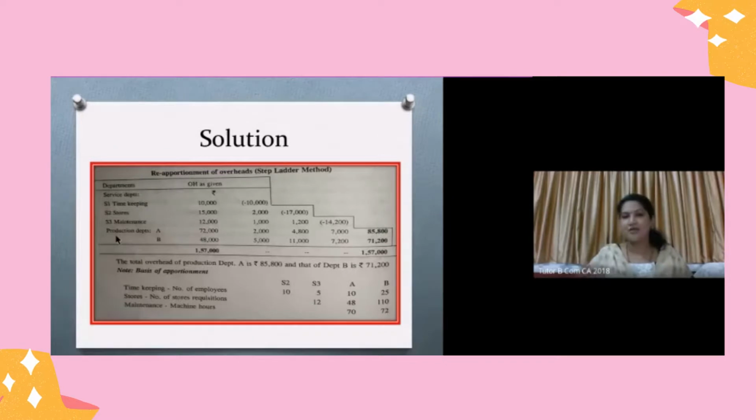So initially we start with redistribution of the overhead expense of service department timekeeping. Right. So what will happen here? In case of timekeeping department, from the question we can understand that the primary distribution summary is rupees 10,000. So 10,000 be nullified by putting negative against it.